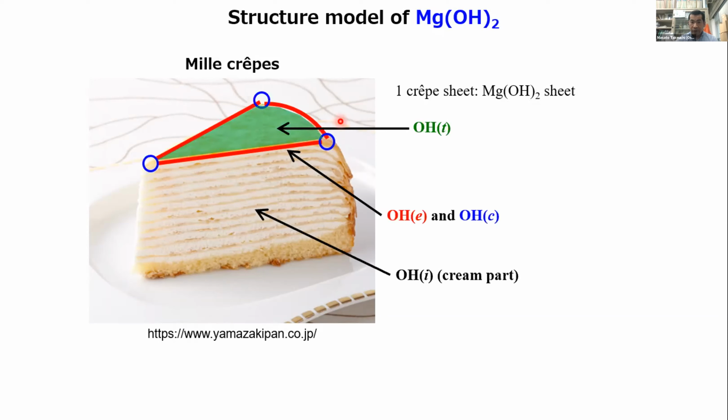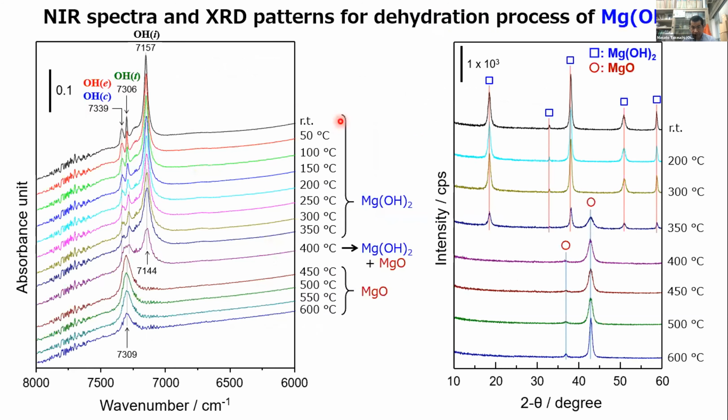By the way, I will go back to the spectral changes. As the temperature increased, these 2 bands combined to become 1 band here.